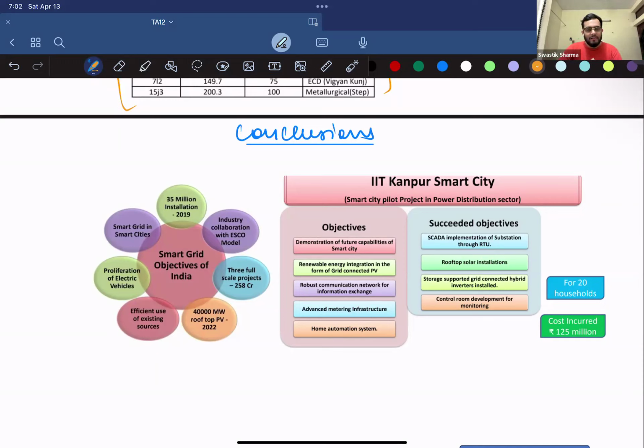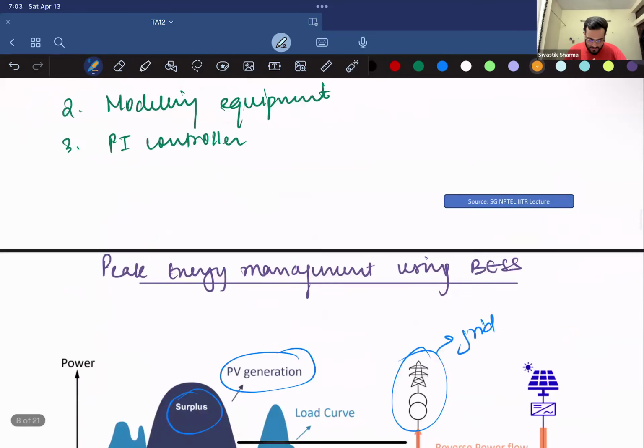Now these DC-based equipments are there in your distribution system, but you want to manage them effectively, right? Let's say you wake up next day and all of you have EVs. What you would do is charge them at night when you come home from your office. And if all of you do that, the peak of your load will change.